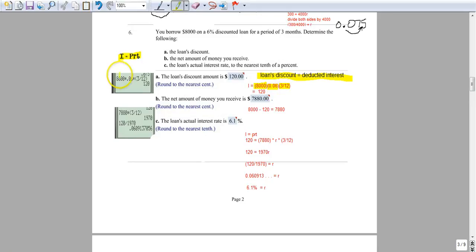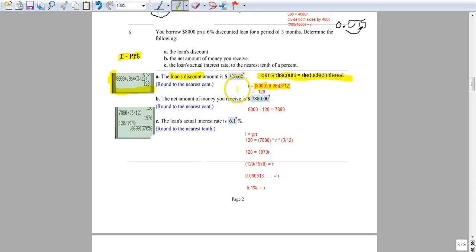So when you multiply, 8,000 times 0.06 times 3 out of 12, you get 120. So really, when you're asked for the loan's discount, you're just finding the interest, so $120.